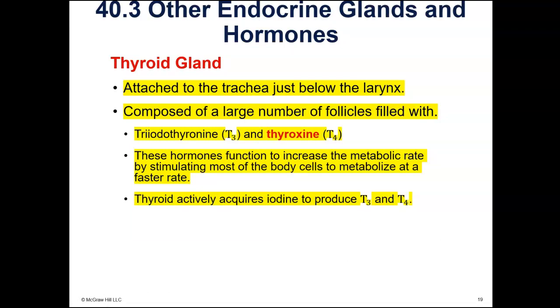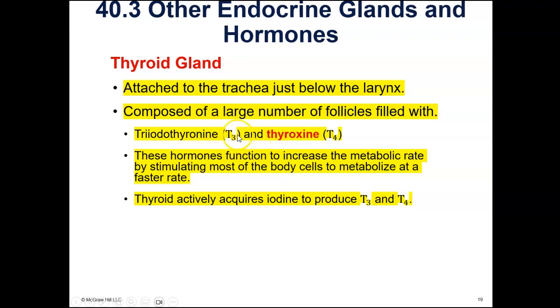Okay, so about the thyroid gland, what you need to know is it is located just below the larynx. It's attached to the trachea, and it's just below the larynx. And it produces these hormones, triiodothyronine and thyroxine, which we're just going to call thyroid hormones.